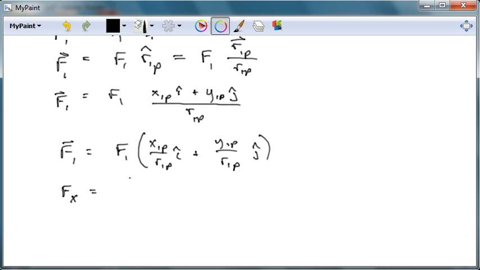And F1x is the part of this, and I think I'm gonna back up a little bit. I'll write this F1 vector. I'll go ahead and multiply the F1 through. Is F1 x1p divided by r1p times I plus F1 times y1p divided by r1p times j.